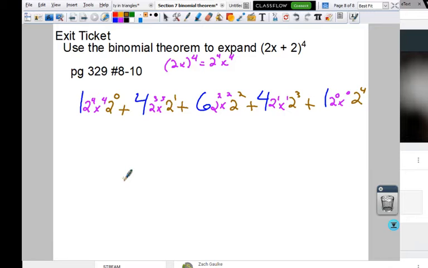So wait, what exponent goes on the 2? Which one? The last 2, on the very far right side? You do not. 0, 1, 2, 3, 4. 4, x to the 4. No, it's 1 times. Okay, it's not a 12, that's a 1.